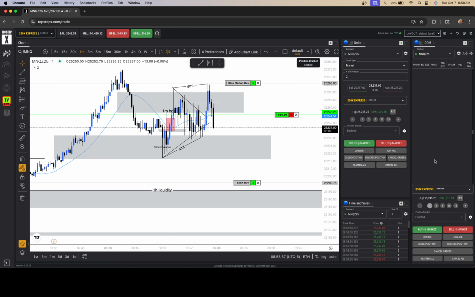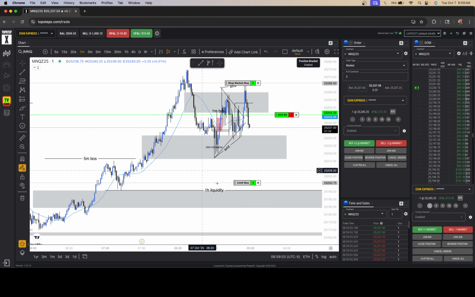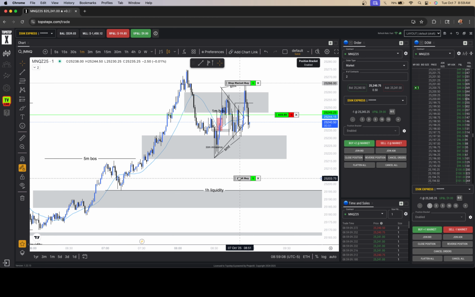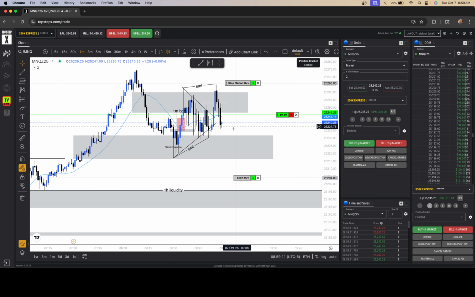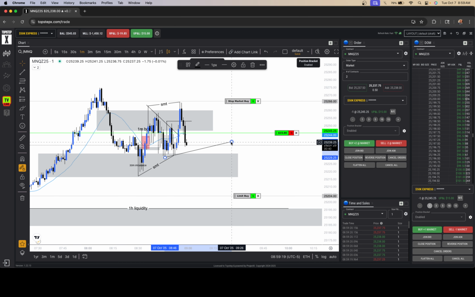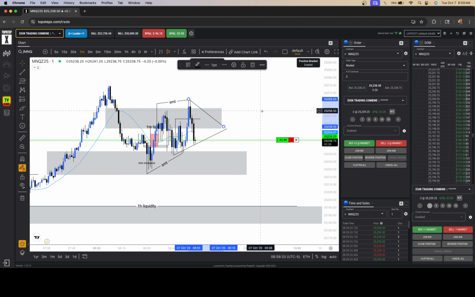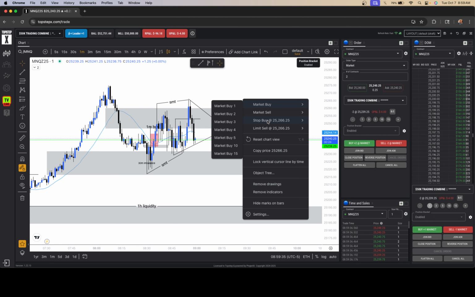Trying to see my profit targets. This will put me up like 70. That's decent. We're still kind of stuck in consolidation. But this looks like we're gonna be going down lower now, but you never know. This looks decent so far. Let me see if I'm actually in these trades yet. Yep.